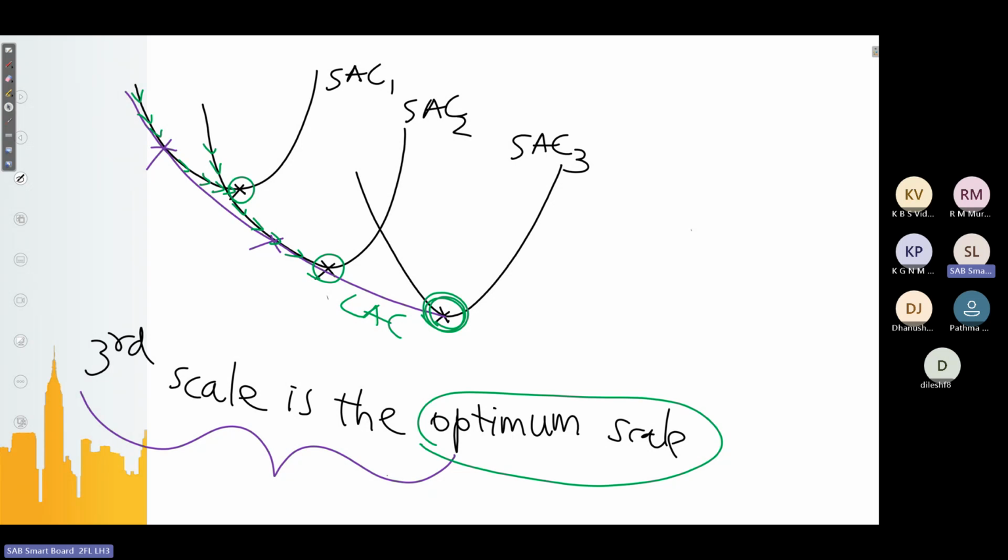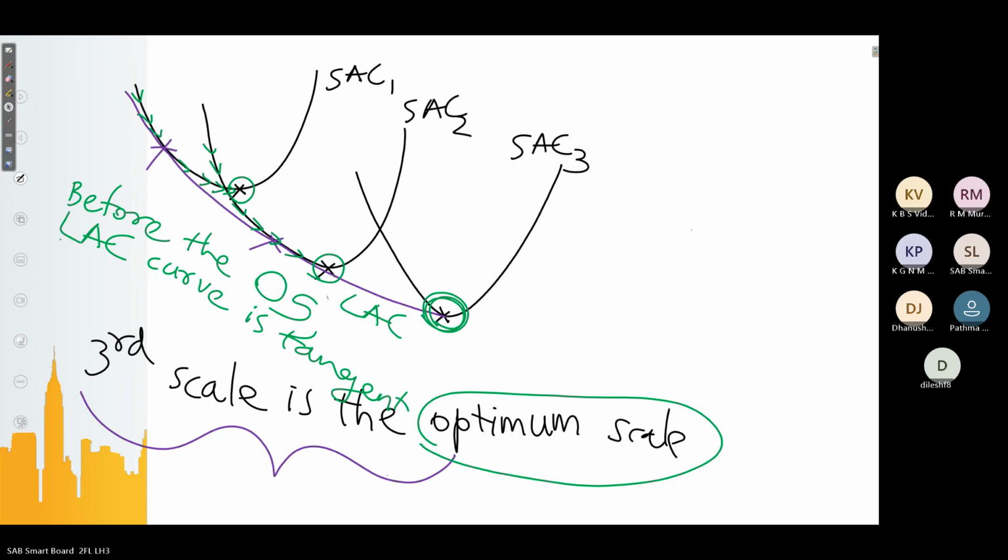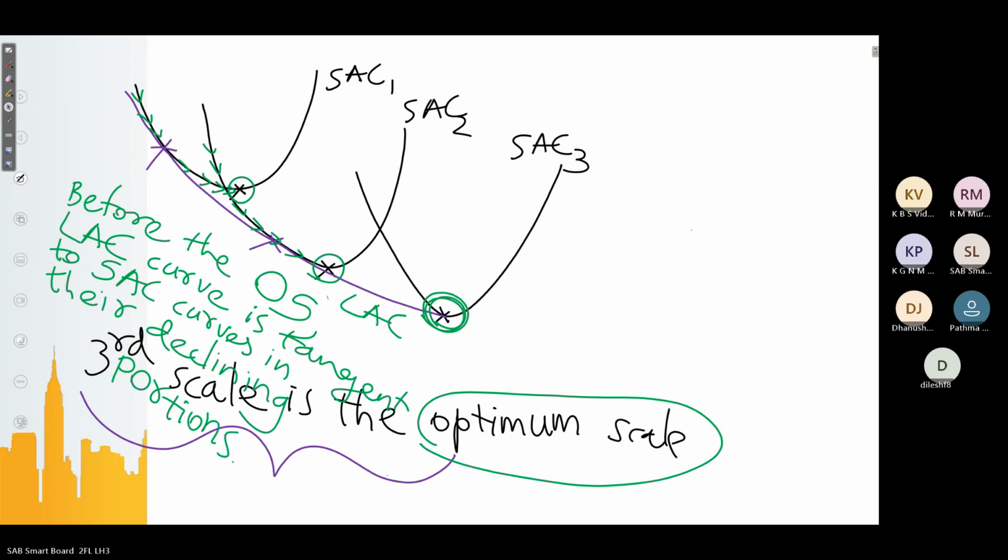Before the optimum scale, the long run average cost curve is tangent to the short run average cost curves in their declining portions, not at their minimum points.